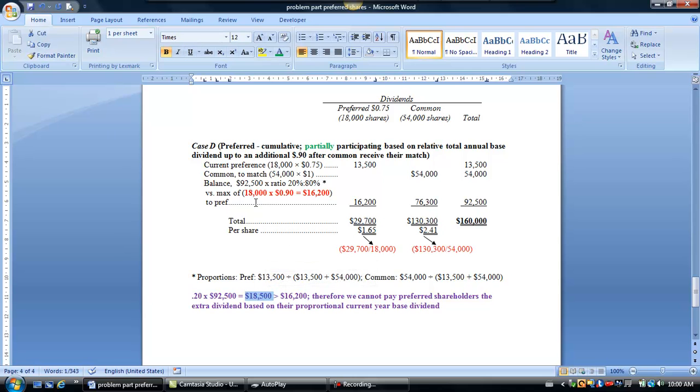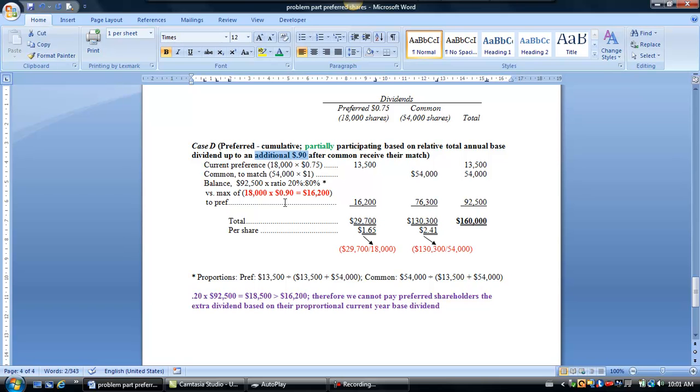But don't forget their cap. The additional dividend they can get is 90 cents per share. Well, 90 cents per share is 16,200. And this additional piece, whenever it says they're partially participating, that is the cap. Whatever the partial participation is, that's the cap.